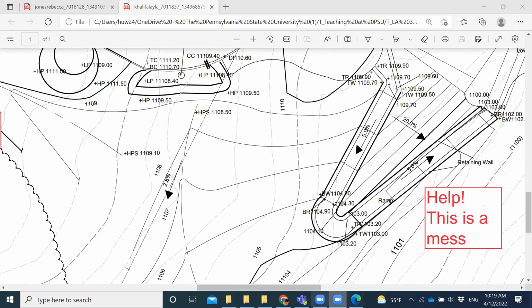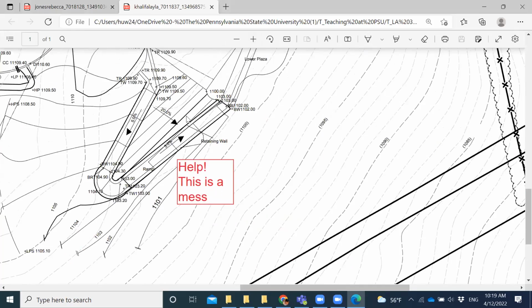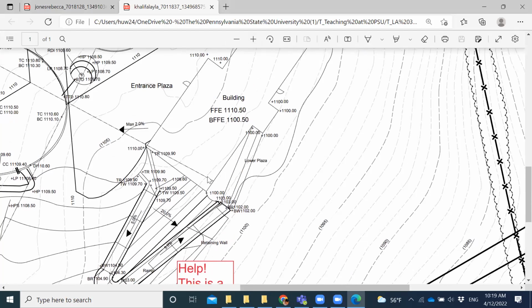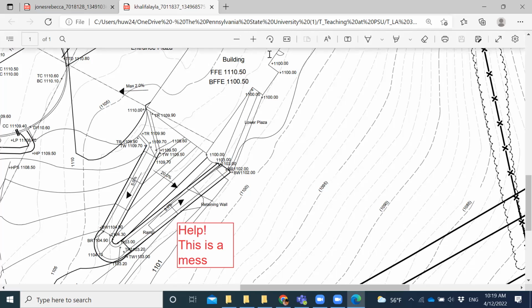Let's look at the ramp. We talked about contour revision this morning. I think we'll have to go back to the recording of this morning to know exactly where each contour goes.